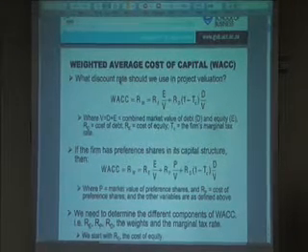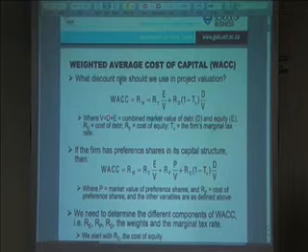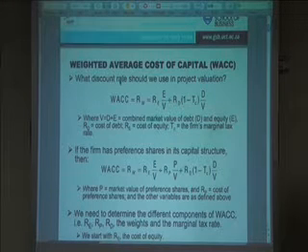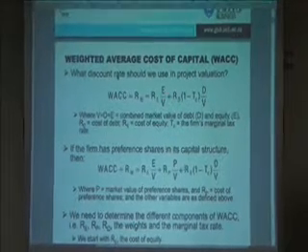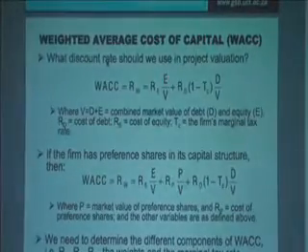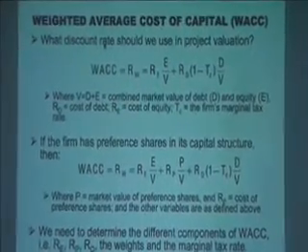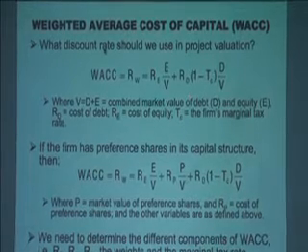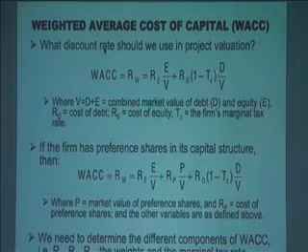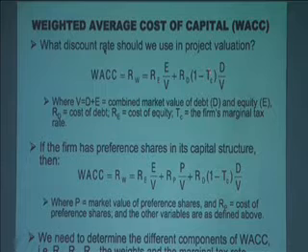What this formula basically says is the weighted cost of my capital will equal the weight of my equity times the cost of equity plus the weight of debt times the cost of debt.